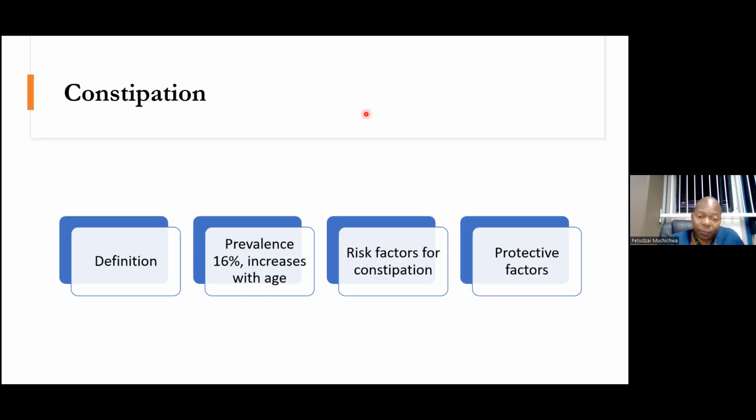The prevalence of constipation varies quite widely, from about 1% to about 80%, depending on the population surveyed by the multiple studies that I looked at. But the average is around 16%.